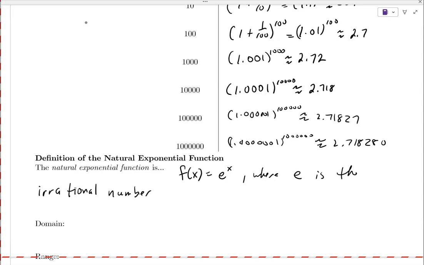Like pi is irrational, or square root of 2 is irrational. It's the irrational number that is approximately 2.7182. It actually looks like it starts to repeat, but after that point it doesn't repeat.